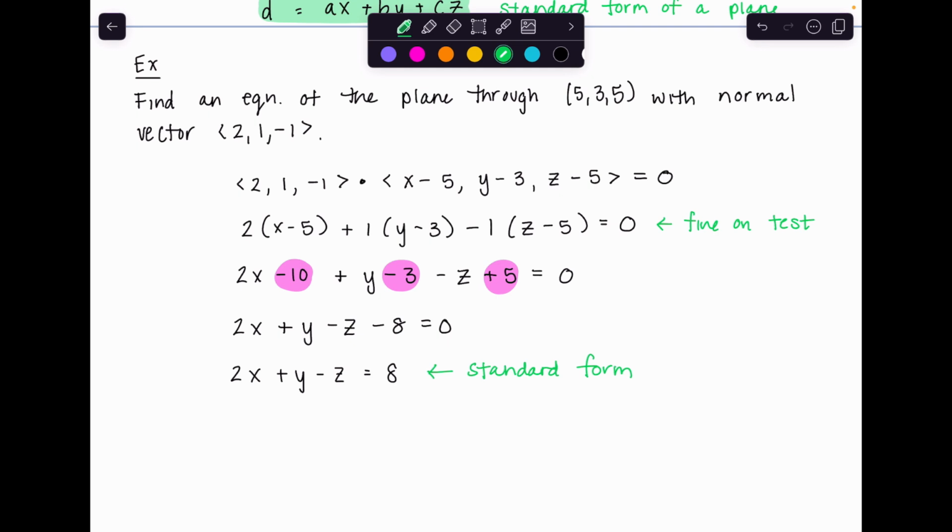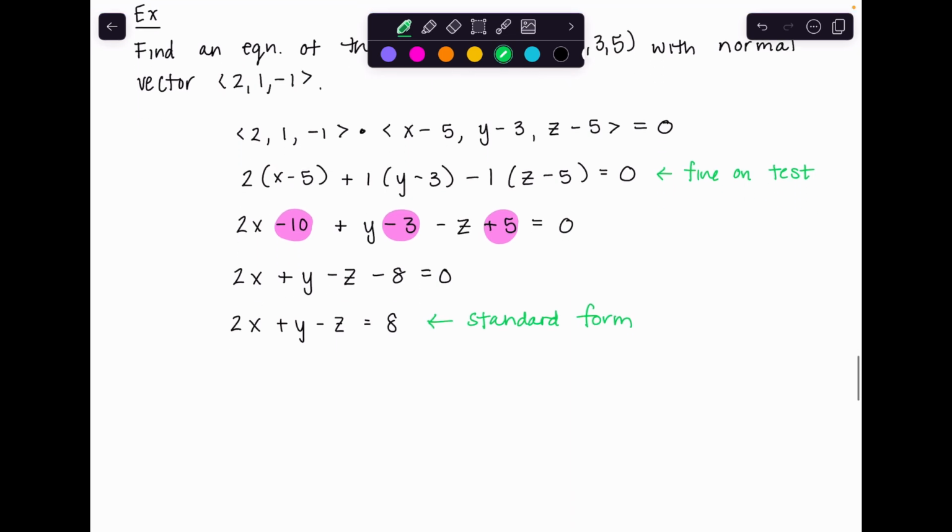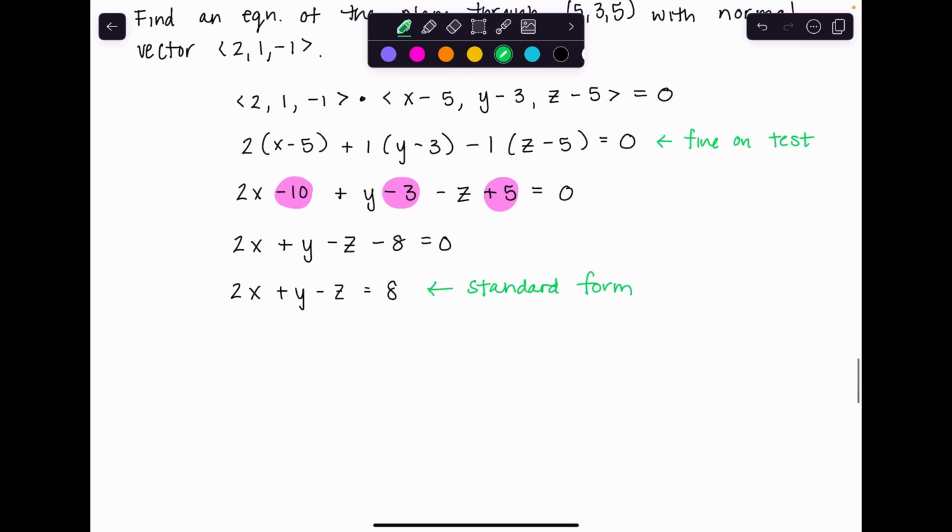Okay. Let's do one more example. And instead of knowing the normal vector, I'm just going to know 3 different points that the plane is going to pass through. So in that case, I know a point, but I don't know the normal, so I have to find that first.